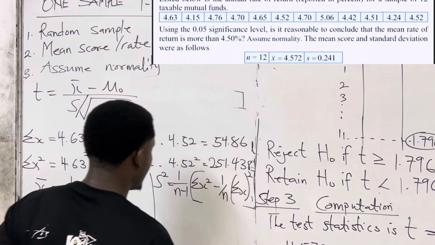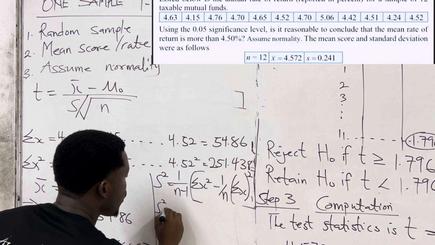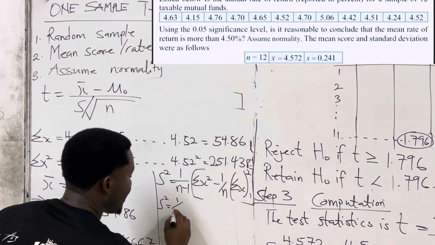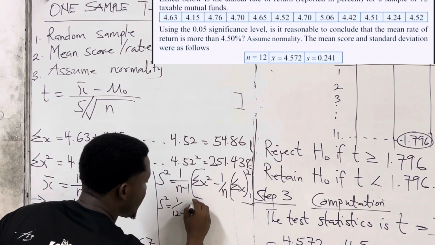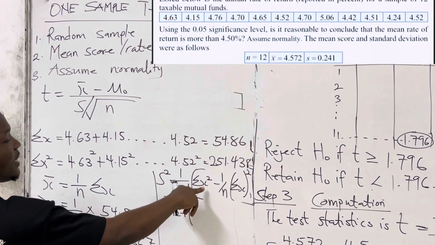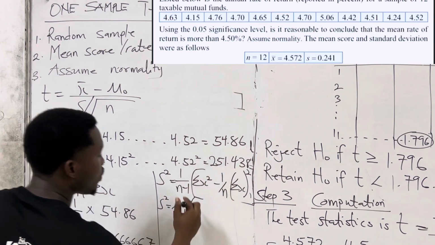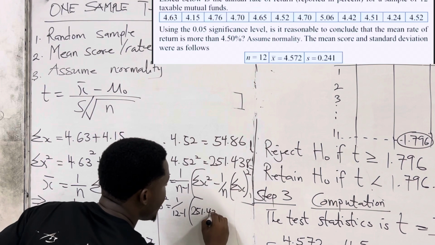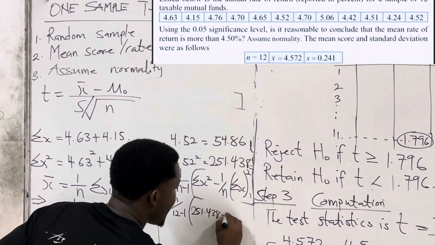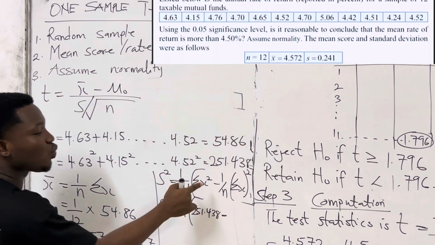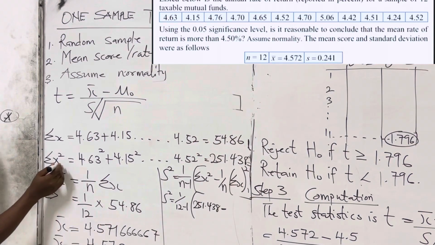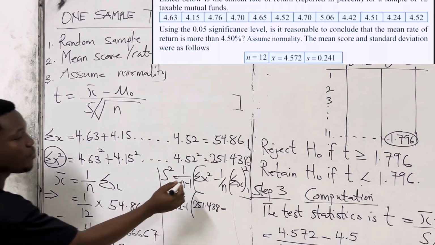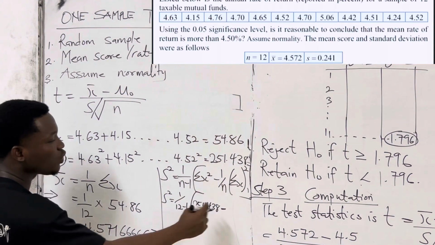So we have 1 over 12 minus 1, and then the summation of x squared, which gives us 251.438 minus. Don't bring any square here, because we have found the square already. It is what we have replaced here, so you don't bring any square there again.